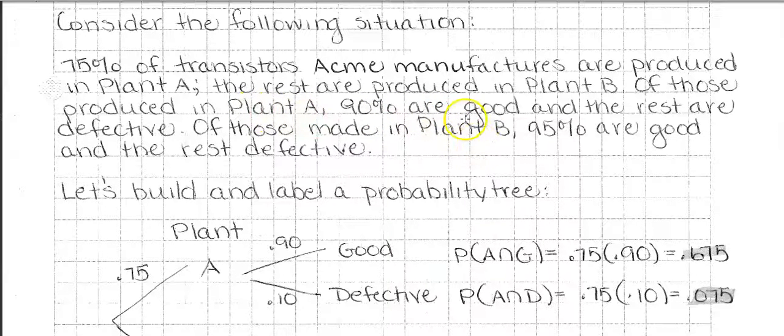As far as plant B is concerned, we know 95% of what plant B produces are good, and 5% are defective. We can build a probability tree showing this information.